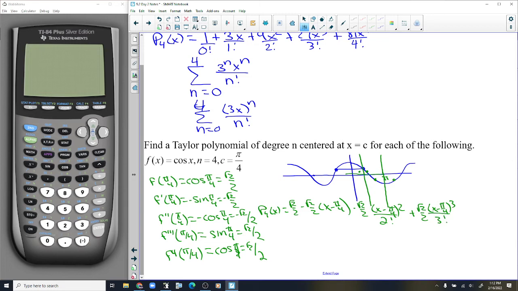And finally, we've got another positive, (x minus pi over 4) to the fourth over 4 factorial. There we go. So that one I would probably build.